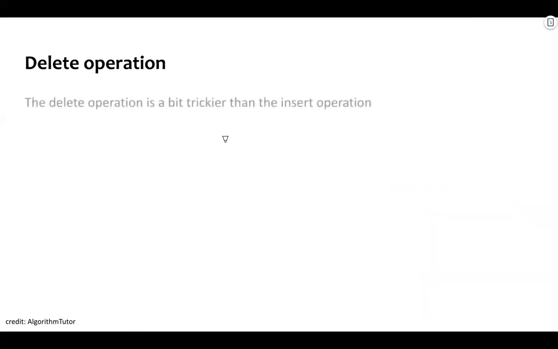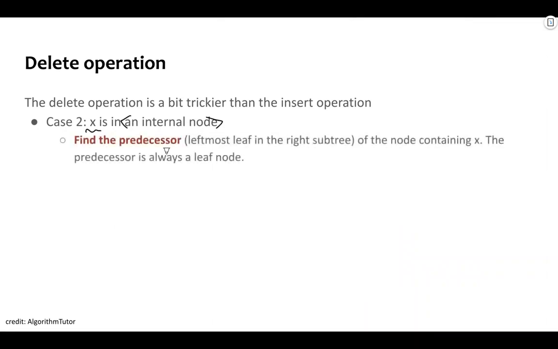However, we sometimes want to delete when X is in an internal node. How can you delete a node that is an internal? What we are going to do is find the predecessor, the leftmost leaf in the right subtree of the node containing X. And the predecessor is always a leaf node.